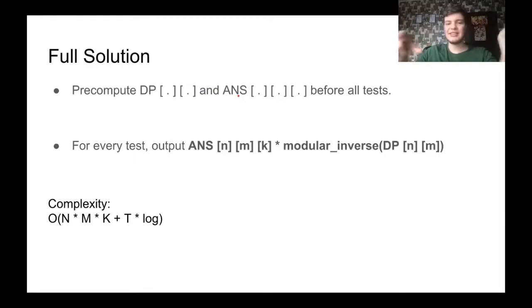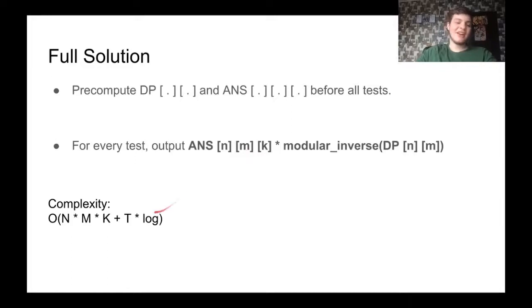It's not really the expected number. So finally, for every test, we need to output the sum over all valid hills divided by the total number of solutions, which is equivalent to multiplying by the modular inverse. And that's pretty much the solution.